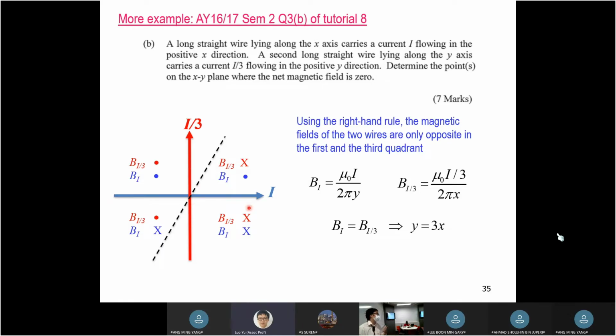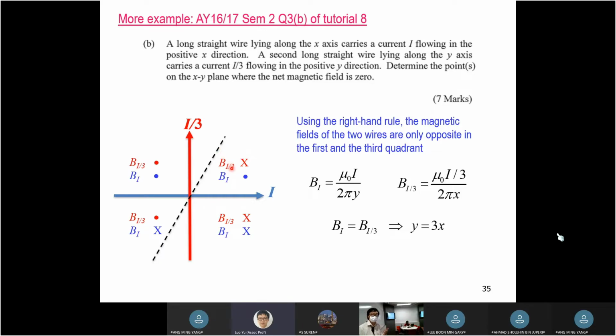If we say the magnetic field generated by the horizontal wire is given by this blue color, we call it BI. The magnetic field generated by the vertical wire we call BI over 3.